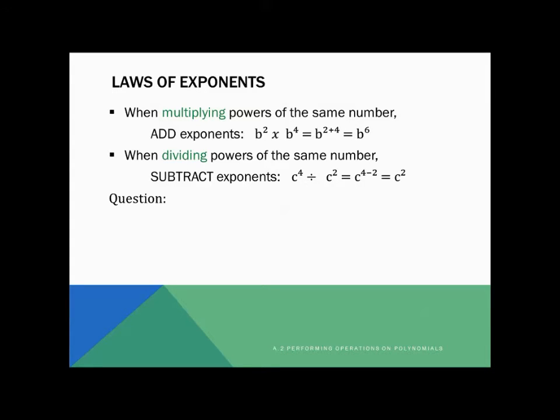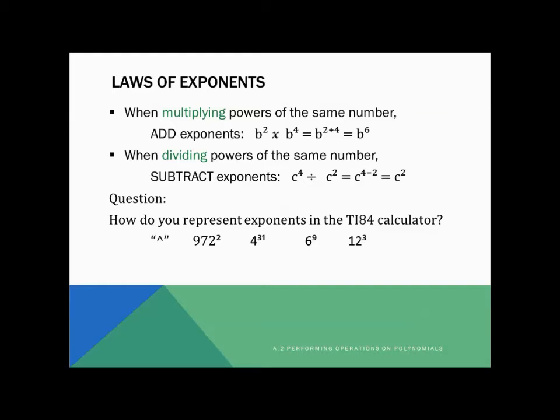Okay, I have a quick question for you. How do you represent exponents in the TI-84 calculator? For squares, you would use the x squared button, and for other terms, you can use the caret that you can see right to the left of the numbers.